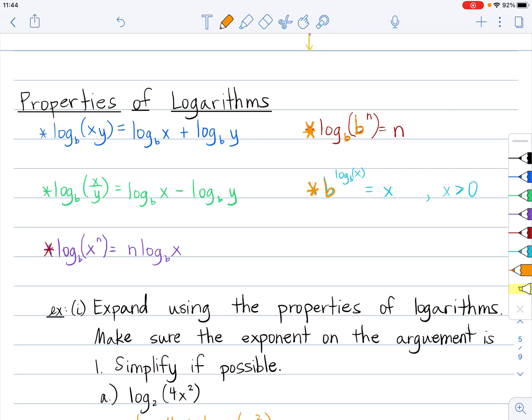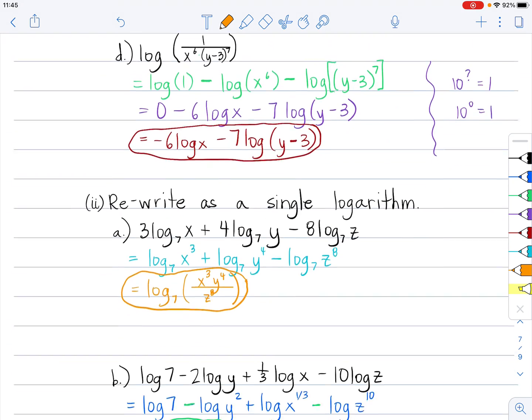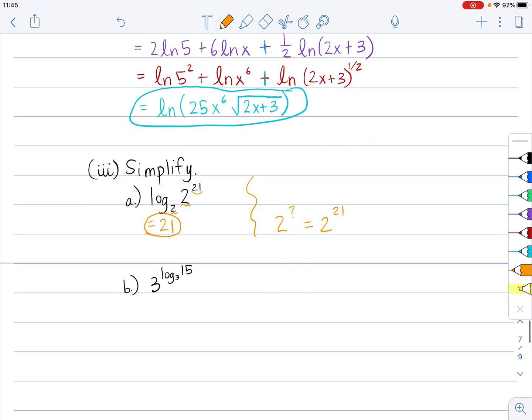And this is an exponential being raised to a log base b. So log base b of b to the n cancels and n falls out. B raised to the log base b of x, the b raised to the log base b cancels and x falls out. Okay, so it equals 21, and then we don't even need any of this side work when our base matches up.